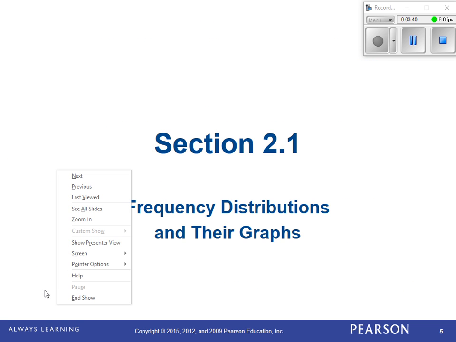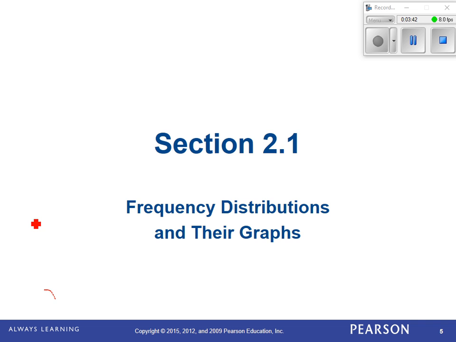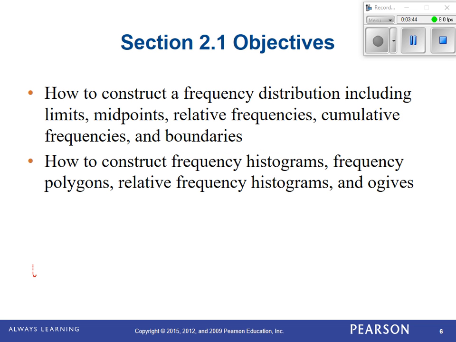So section 2.1, frequency distributions and their graphs. I don't want to say it's hard, but a lot of students have trouble with it, but it's really, really important. We're going to figure out how to construct a frequency distribution, including limits, midpoints, relative frequencies, cumulative frequencies, and boundaries.